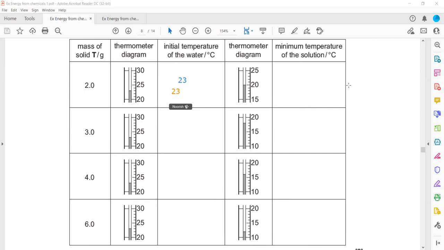Another, initial and minimum temperature. So 23, 20, yeah, 18 is there.